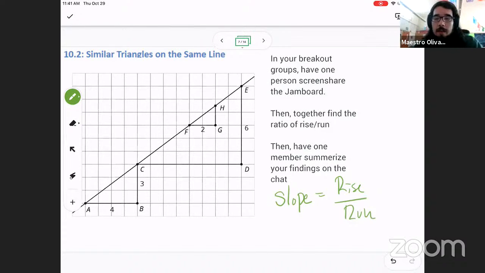Eliseo, can you be the person in your group to share your screen, please? Thank you. So, as I said, I'm gonna put y'all into groups, and then we'll come back in 10 minutes, okay? So find the slopes, and then one person, if you feel comfortable, try to summarize what you found.